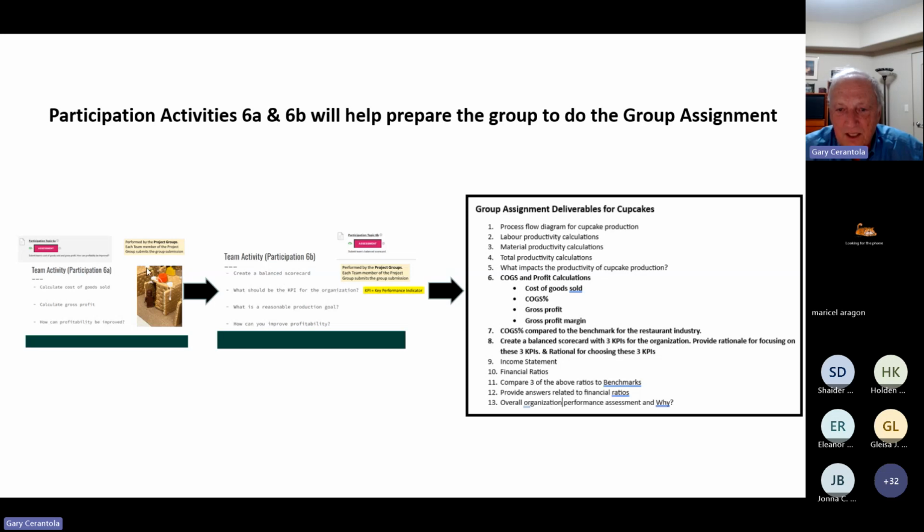If you take a look at doing this and prepare yourself, you'll be well prepared for what they're asking for in the Cupcake exercise as a group thing, and understand that you're only going to be asked for 3 KPIs and the reasons for choosing these KPIs. When I talk about critical success factors, that's where I'm saying, let me know why that's so critical, why you're choosing these 3 KPIs. What targets are you associating with those key performance indicators?